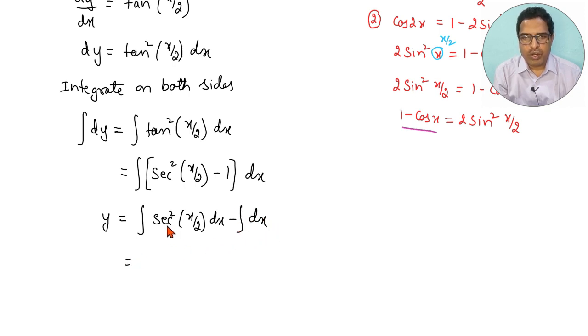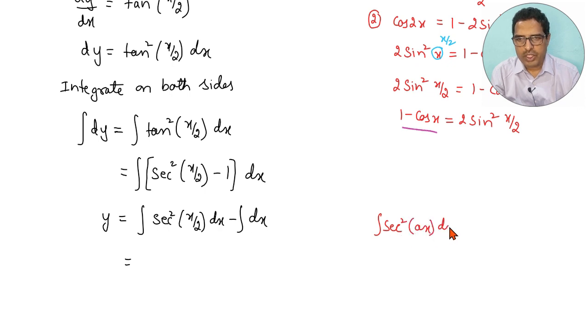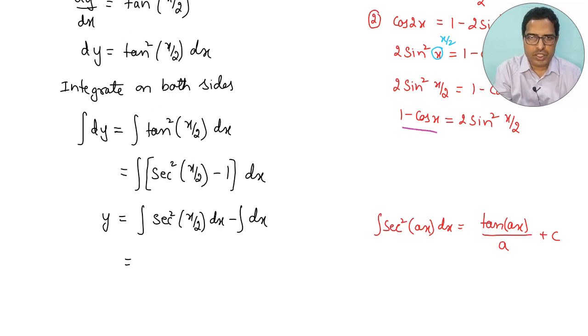We know the integral of secant square, so we'll use the basic formula: integral of secant square of ax into dx can be written as tan of ax divided by a, the coefficient of x, plus the constant of integration c. So that's the integral of secant square ax. Here if you observe the value of a, what is the value of a in this case?